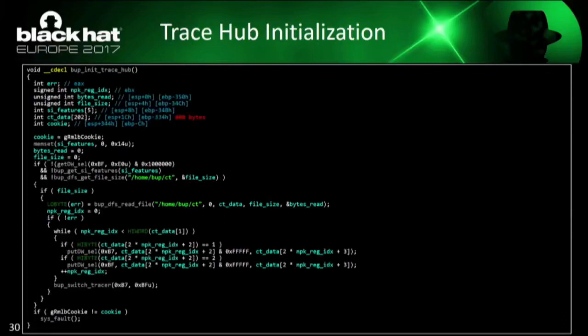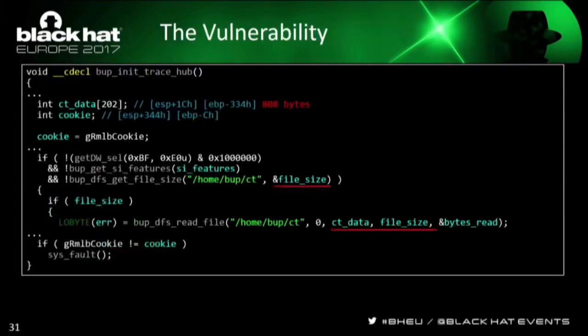We have found the following function, which we called BUP init trace half, having a vulnerability. As you can see, when this function calls others, which we named BUP-DFS get file size and BUP-DFS read file, it gives an incorrect size of data to read.